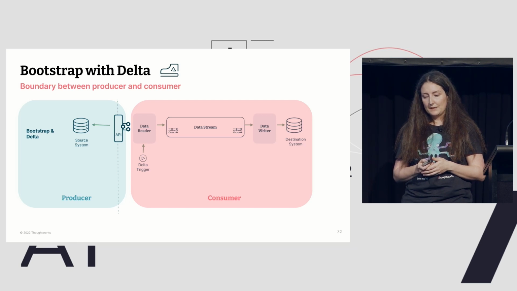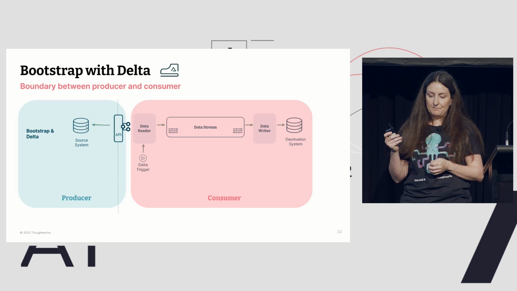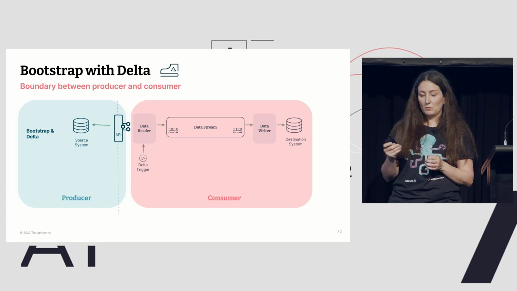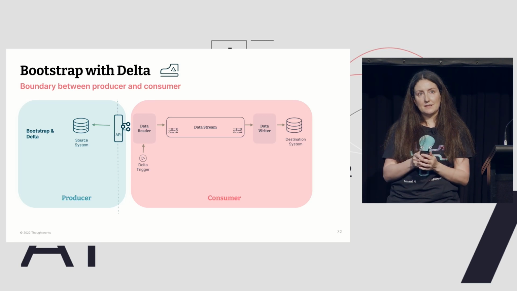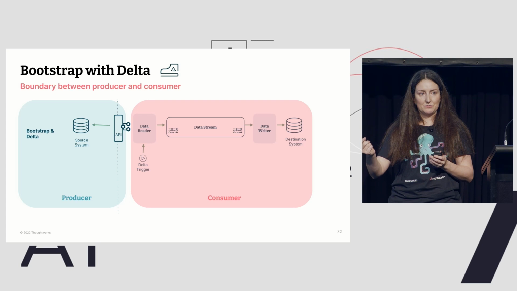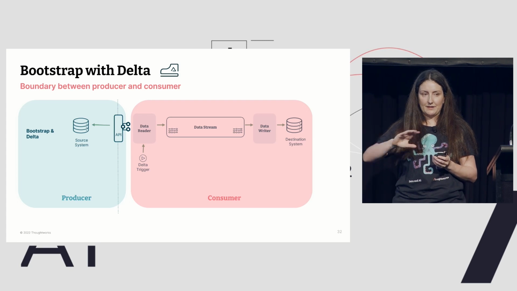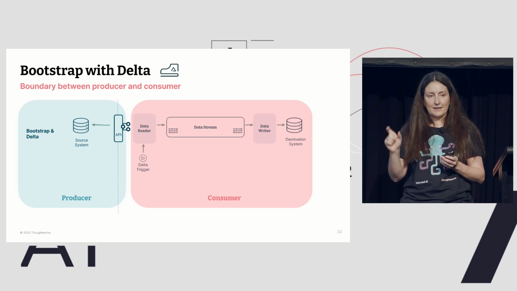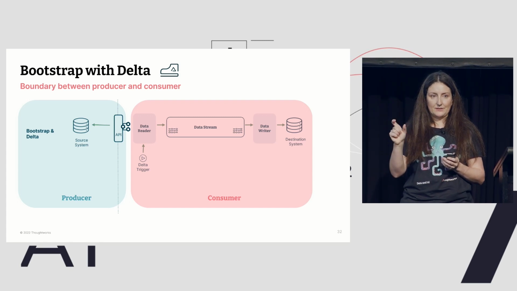With this particular pattern, if we want to add new consumers, we have a choice, really. We can have each consumer do all of the same amount of work, so we spin up the data reader and do all of the same amount of work over to the right. Or alternatively, they can share that infrastructure, that data stream.